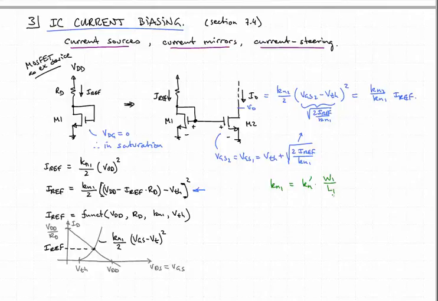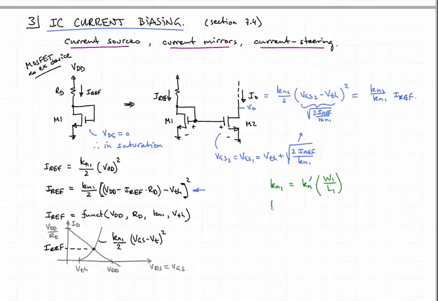Kn prime has to do with the electron mobility in the n-type material, and has to do with the capacitance of the oxide layer. So those are parameters due to the process. Okay, so they're common for all the transistors on this IC, but every transistor can be built to a different size. We can make a different channel width, we can make a different channel length.